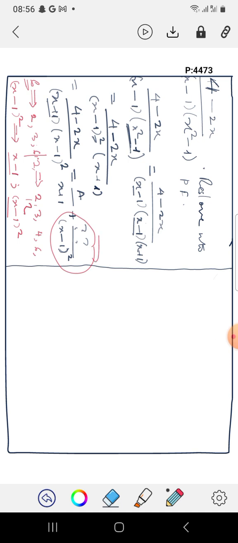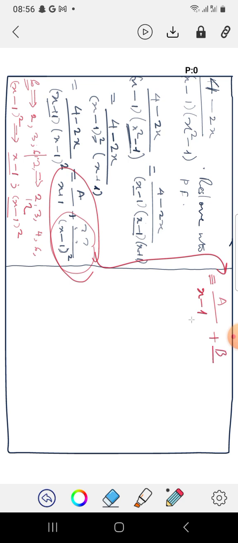So we can now ring the whole of this and come here and rewrite this as A. This is now equivalent to A over x minus 1 plus, what do we put on top of it? B over x minus 1 as well.